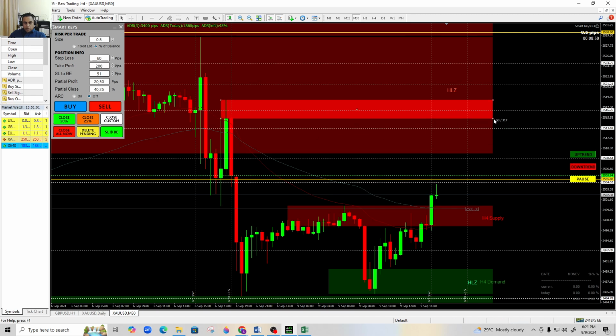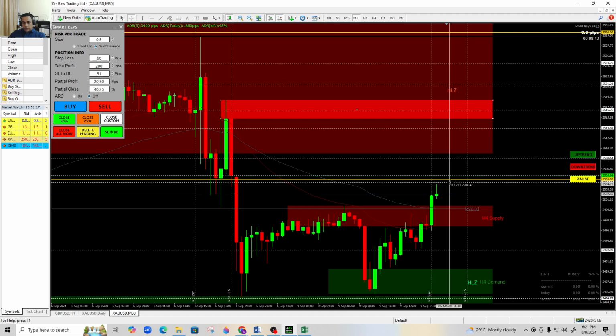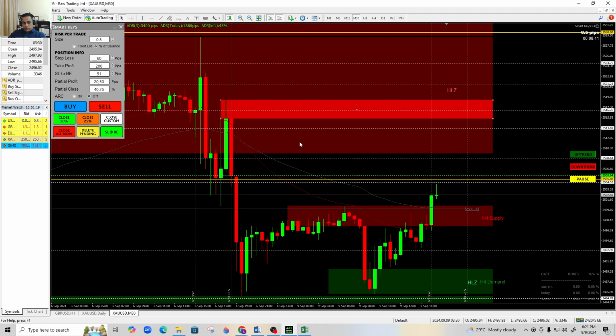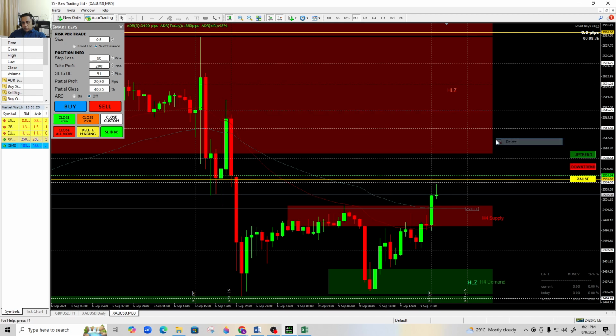There's 30-minute resistance there. There's also 30-minute supply there, right? But that's a long way from price. It's another 130 pips away. Price may not get there today, or maybe it will. We don't know. Got to see what happens.